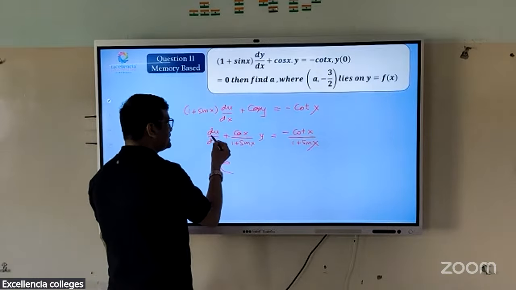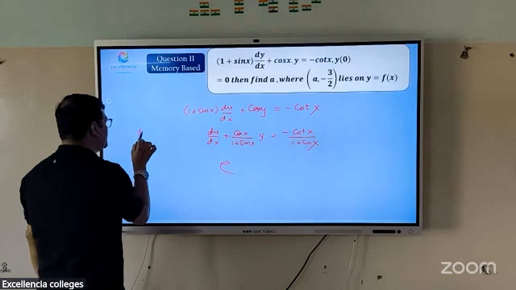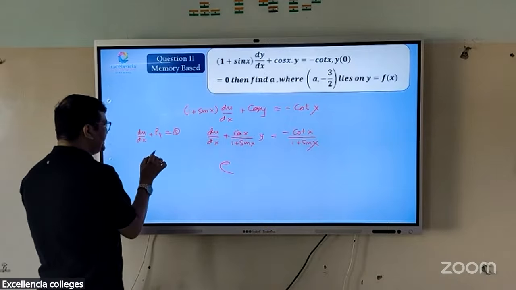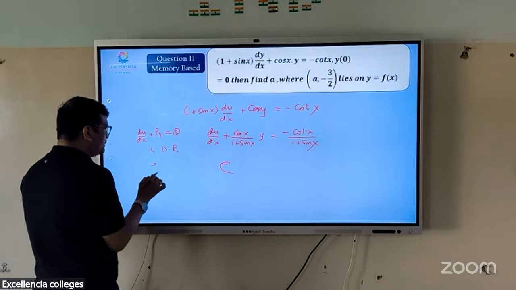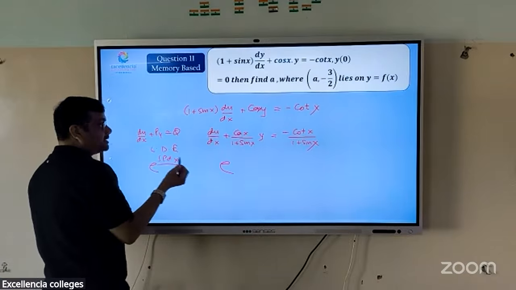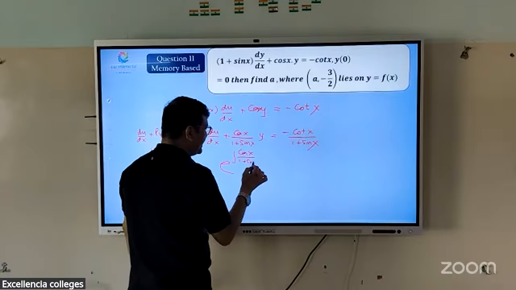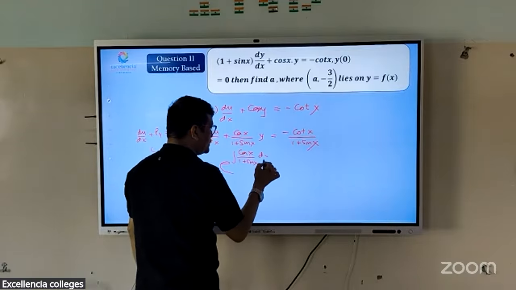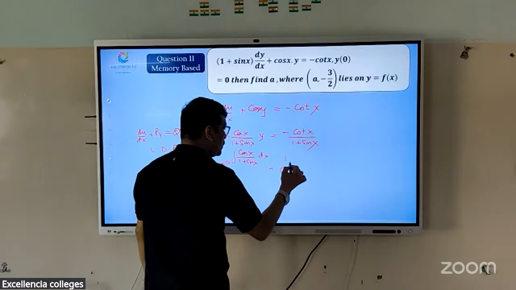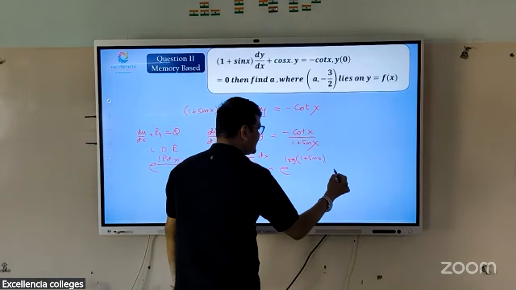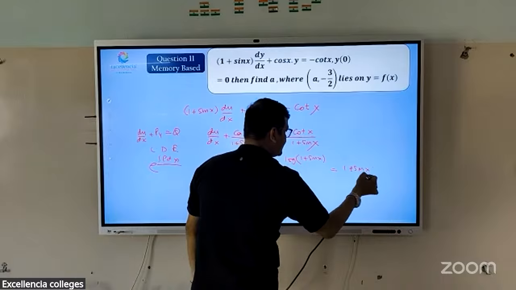This is a linear differential equation, so e power integral concept. e power integral of cos x divided by 1 plus sin x, so it will be e power log of 1 plus sin x, that is 1 plus sin x.